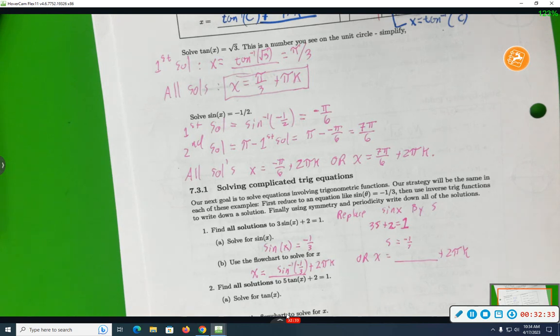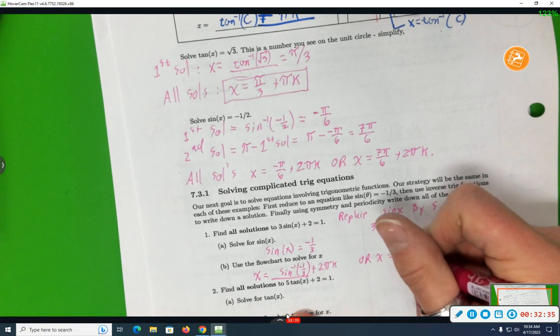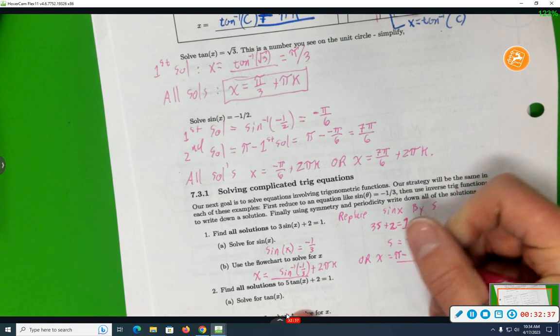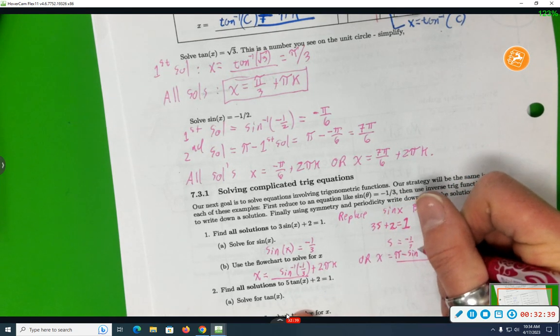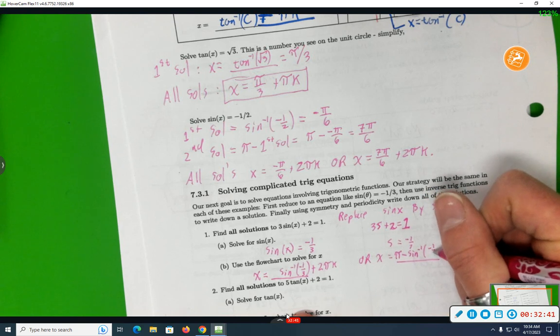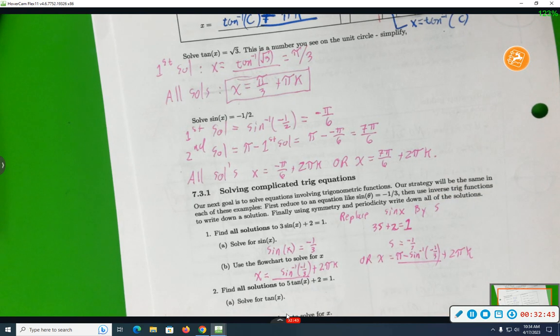Yeah, pi minus the first solution: pi minus sine inverse of negative 1/3 plus 2 pi k. And there's a solution to this equation.